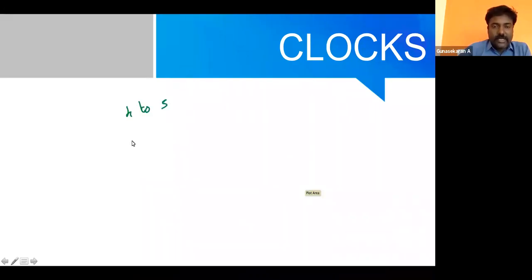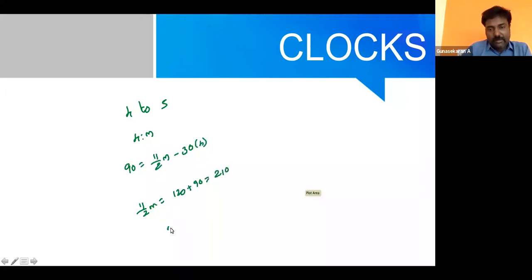Between 4 to 5, this will do. 4 to 5, the 90-degree situation. When it will happen? First we'll see. 4m, 90-degree equal to 11 by 2m minus 30 into 4. 11 by 2m is equal to 120 plus 90, 210. M is equivalent to 420 by 11. 3 11s are 33. Remaining 90. 8 11s are 88, 2 by 11. So 4:38 2 by 11. One answer.